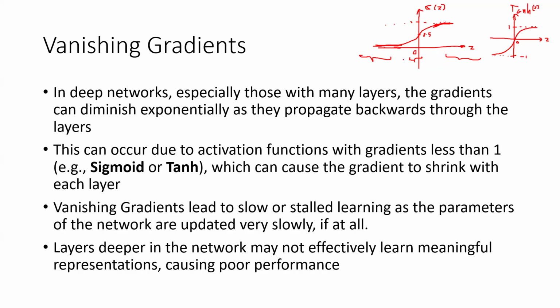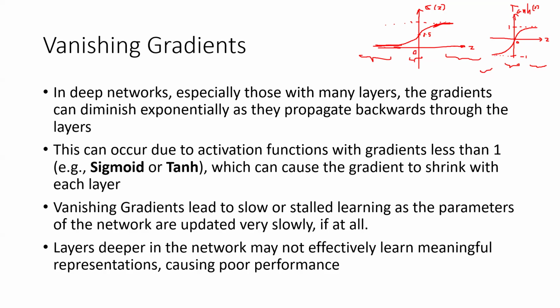The same problem would be there in the tanh function as well, where a significant gradient can only be observed in the range around 0 in z. When z is a too large positive value or a too large negative value, the gradients would be significantly low.